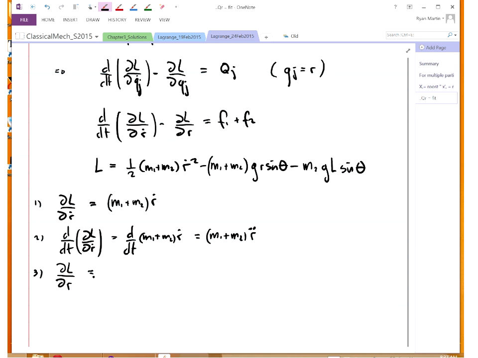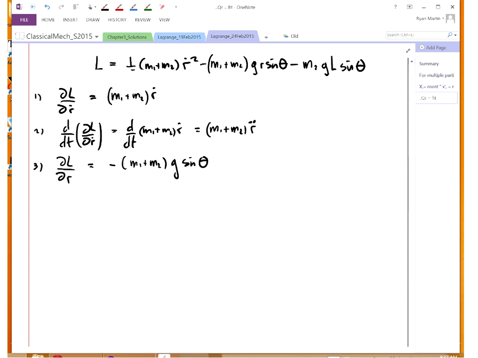So if I do ∂L by ∂R of that middle term, it's (m1 plus m2) g sine theta times R, with a minus at the front there. So that derivative is minus (m1 plus m2) g sine theta, right?